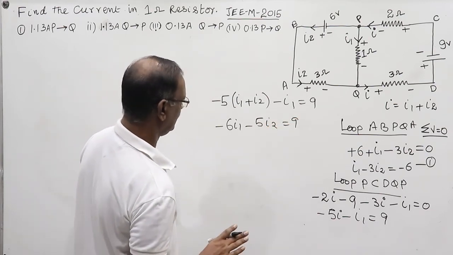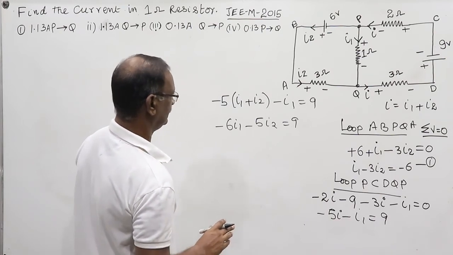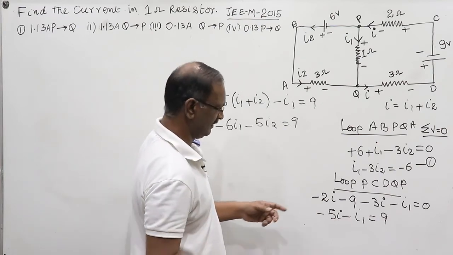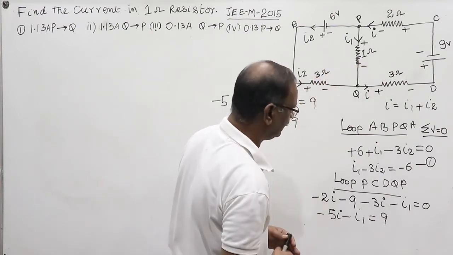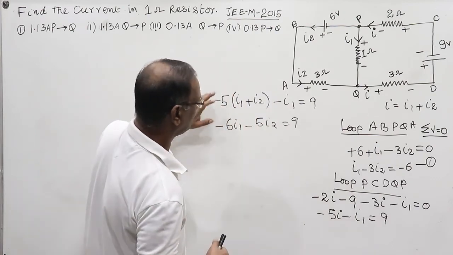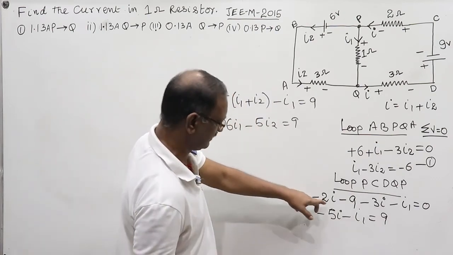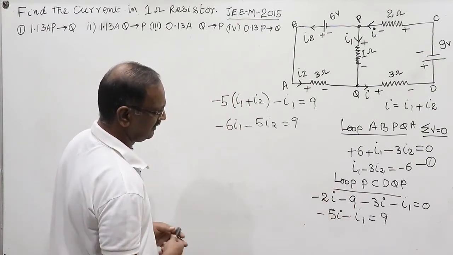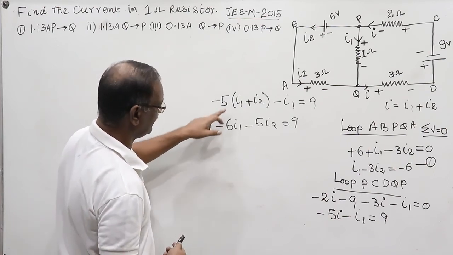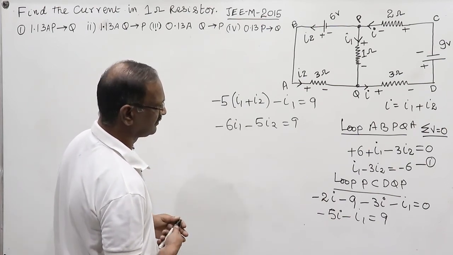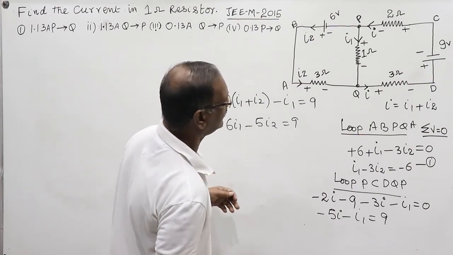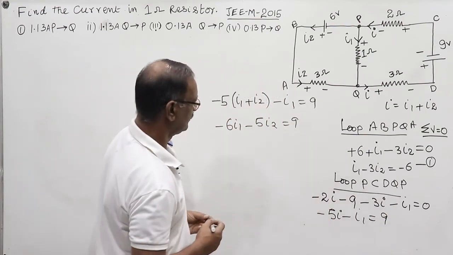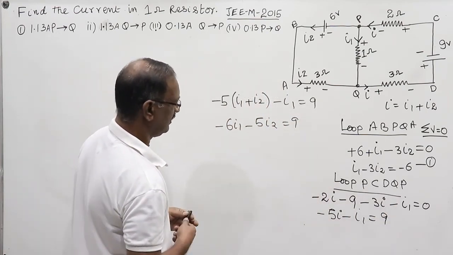The path here is the loop PCQ: minus 2I minus 9 minus 3I minus I1. This is minus 9 when we come, and when it goes, plus 9.